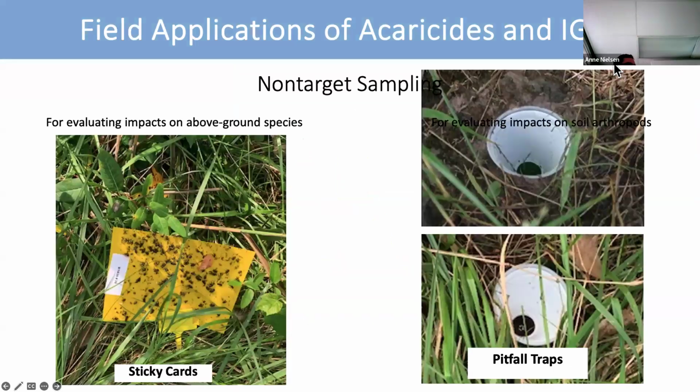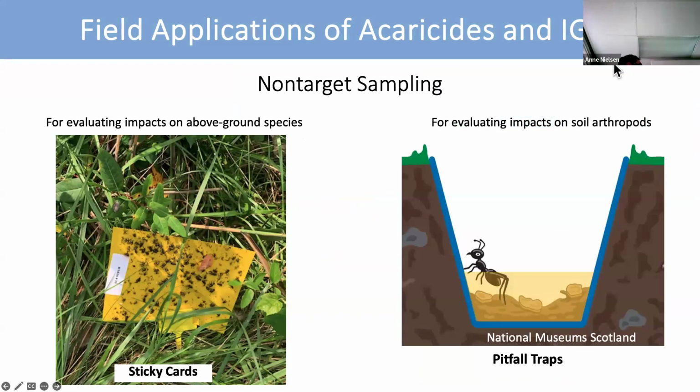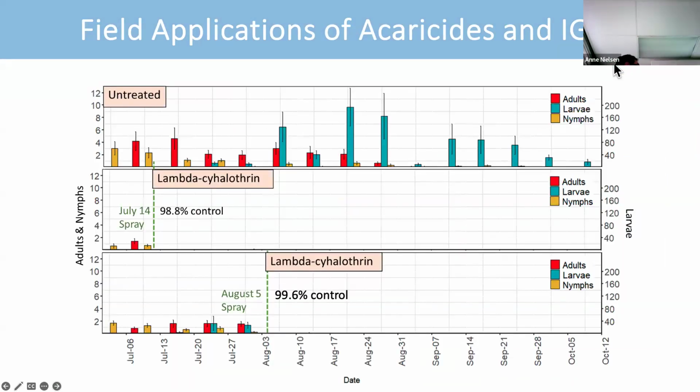And in this case, we also wanted to know the impact of these acaricides on non-target insects. And for that, Matt used sticky cards and pitfalls. The idea was to collect the data in non-treated areas versus treated areas, and then see what was the impact on them.